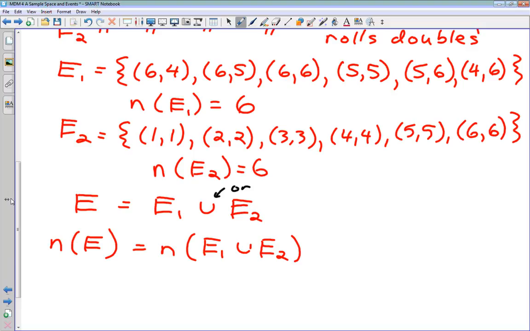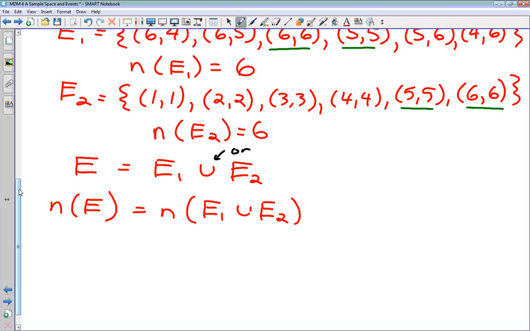There's (6, 6) here, and (6, 6) here, (5, 5) here, and (5, 5) here. So we've got these 2 elements that are common to both of these sets. How did we refer to elements that were common to two different sets? We said that they were in the intersection of those two sets.